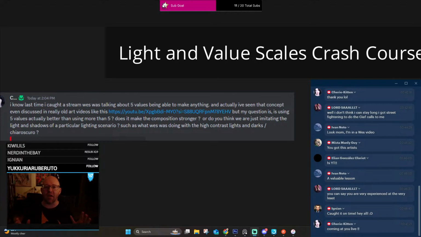But the first thing you have to think about is, yes, value scale, whether it's 0 to 9, 1 to 10, 1 to a billion, 0% to 100%, whatever you want to look at, going from pure white, pure light, to black. It is separate from dealing with your lights and shadows, the way light and shadow work. I know I keep harping on it, but as we go through this, hopefully you're going to see what I mean.